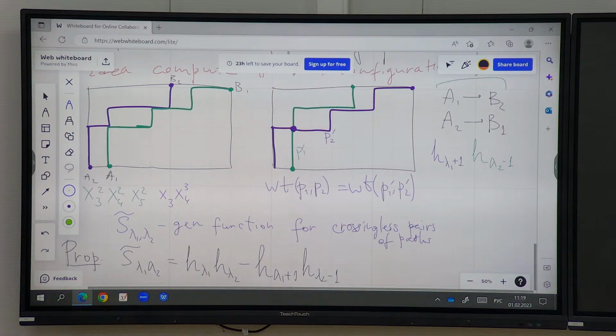So, how do we want to write down this expression?